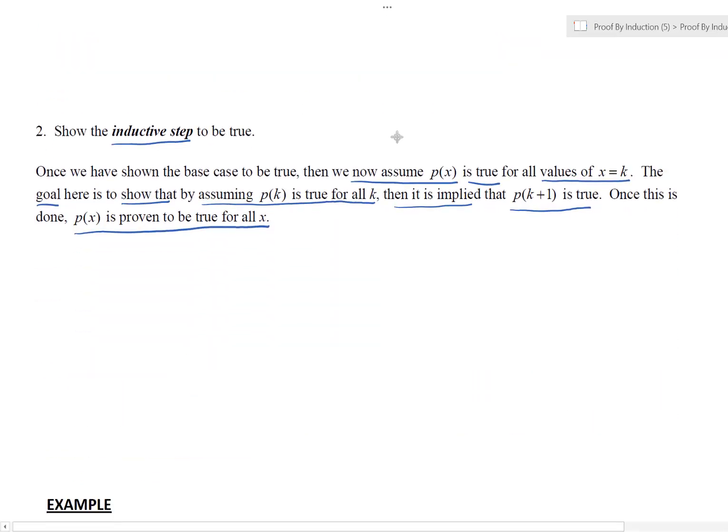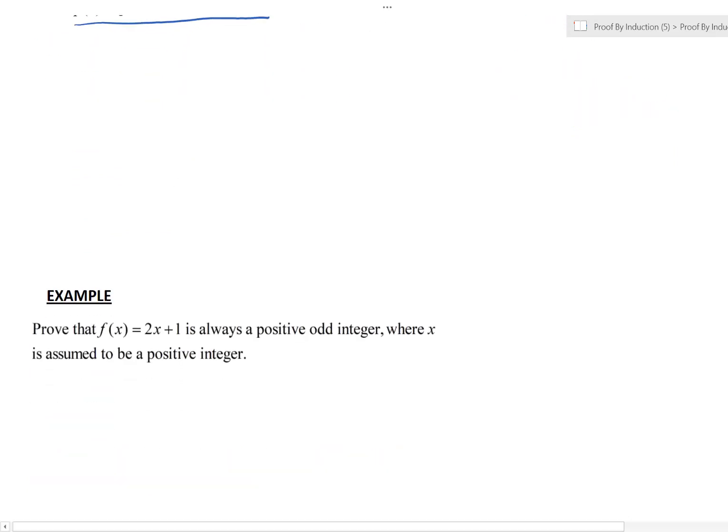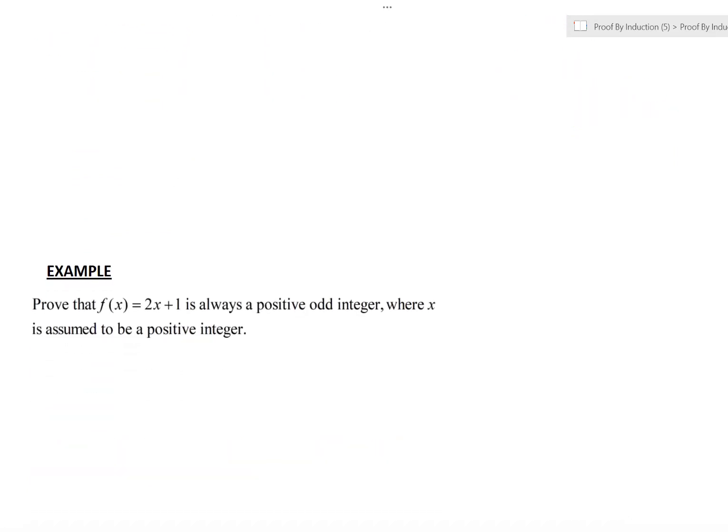All right, we're going to dissect how this works via an example. In this example, we're going to prove that this function, f of x is 2x plus 1, is always a positive odd integer. And here we're going to assume that x only takes on values which are positive integers: x is 1, 2, 3, and so on.